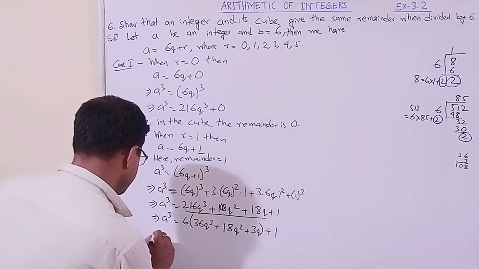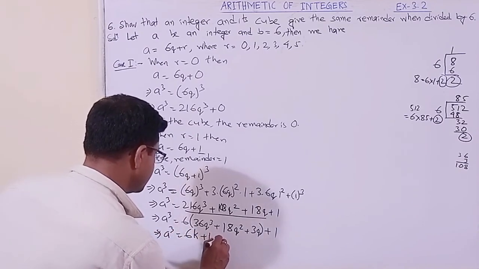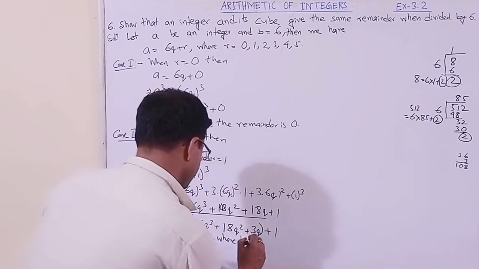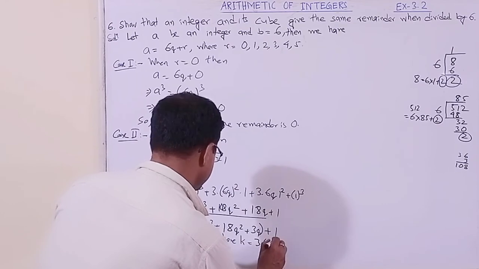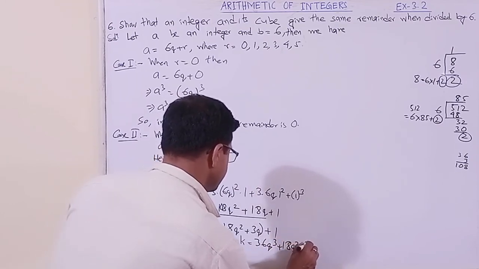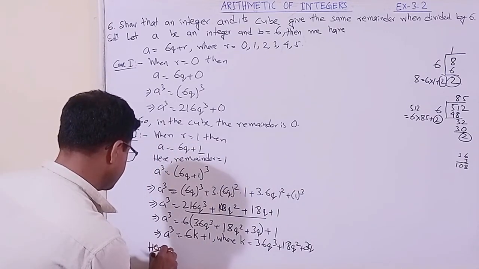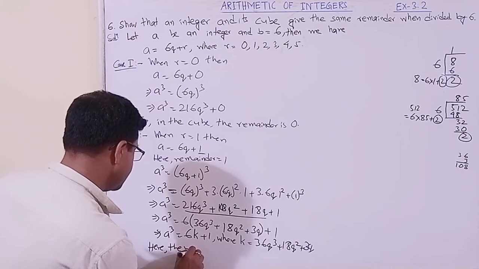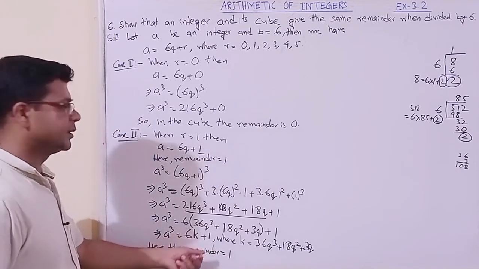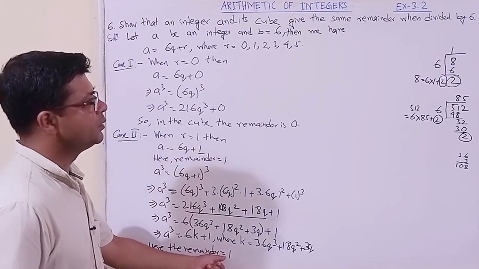Suppose I take 6k plus 1, where k is equal to 36 q cube plus 18 q square plus 3q. So here what is the remainder? The remainder is also 1. In a the remainder is 1, in the cube the remainder is also 1.